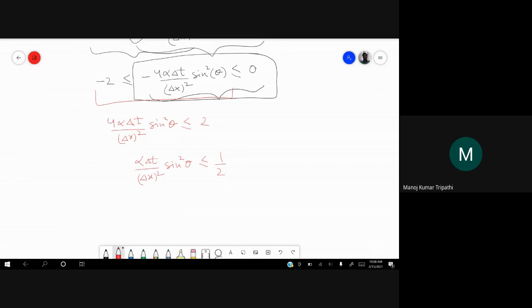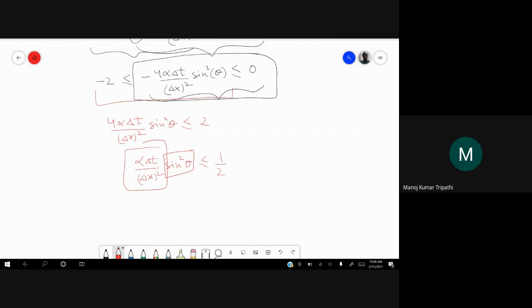So we'll say that sine square theta can assume any value between 0 and 1 because it has to be positive. It can be 0 or greater than 0 and less than or equal to 1. Therefore, we will consider the highest value this can achieve, because if we consider any value less than 1, it will be a less conservative estimate of the bounds on alpha delta t by delta x square.